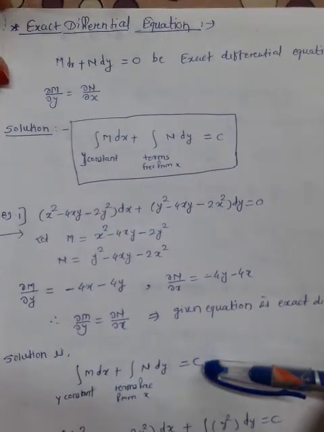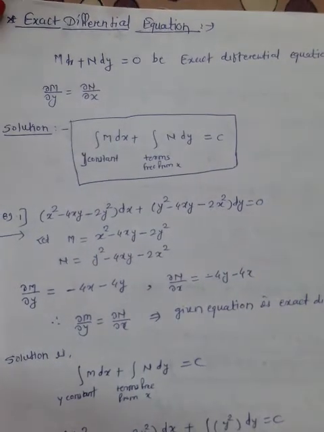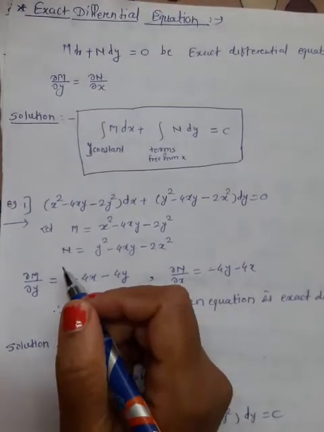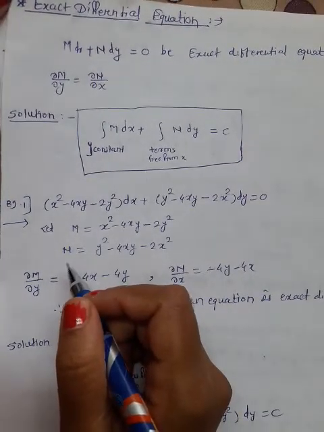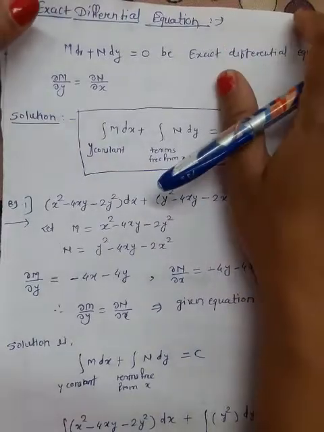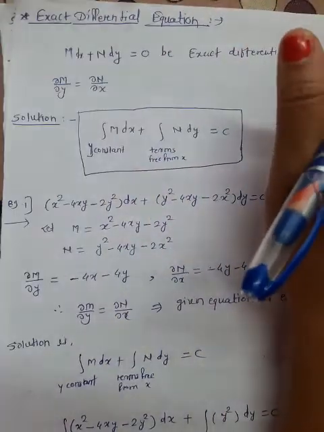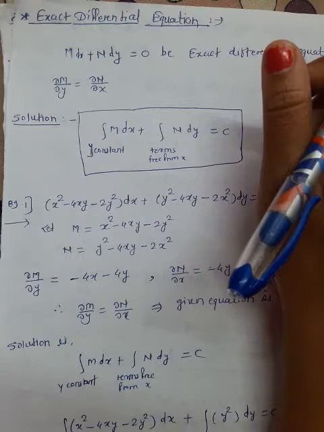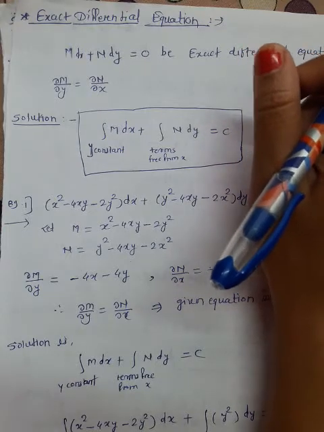Now let us move to the next point. We have just studied only linear and reducible linear, and depending on the reducible linear, we have seen the substitution method also.